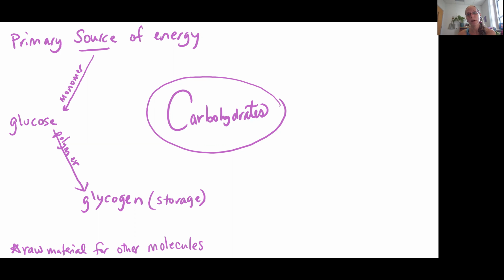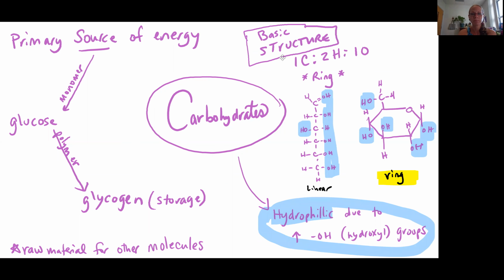When we talk about carbohydrate structure, the basic structure can be described as a ratio of 1 carbon to 2 hydrogen to 1 oxygen. So we see carbon, hydrogen, and oxygen as part of the structure for carbohydrates. So we can see that here in my drawings.